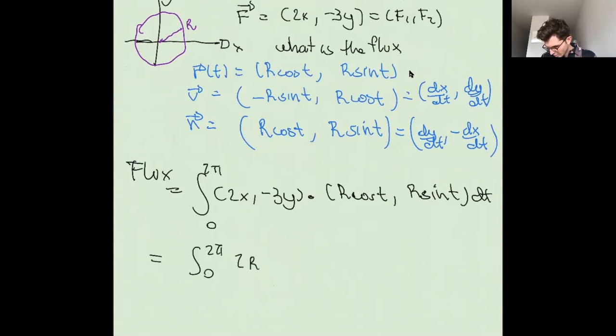2r cosine of t times x minus 3r sine of t times y dt.